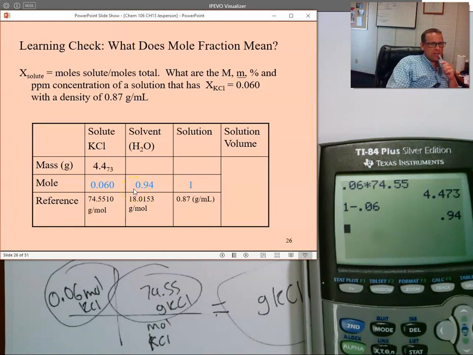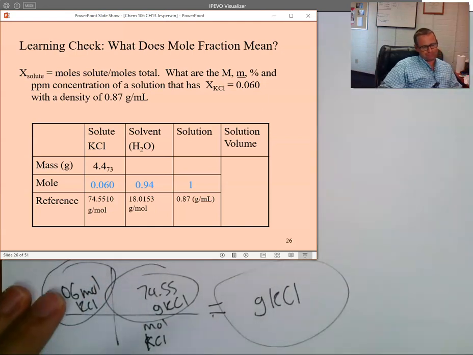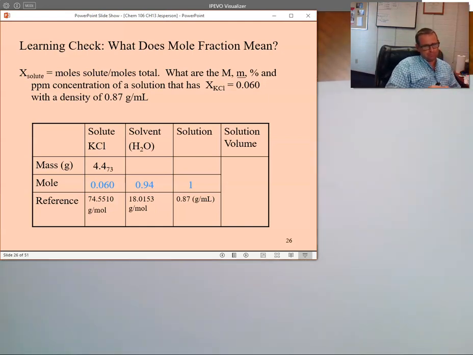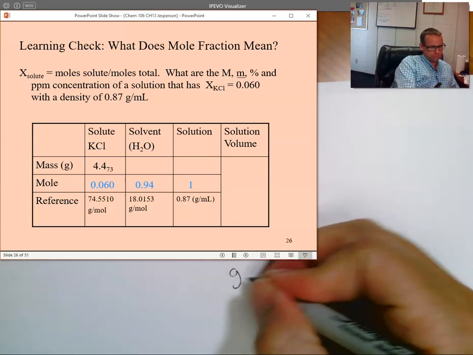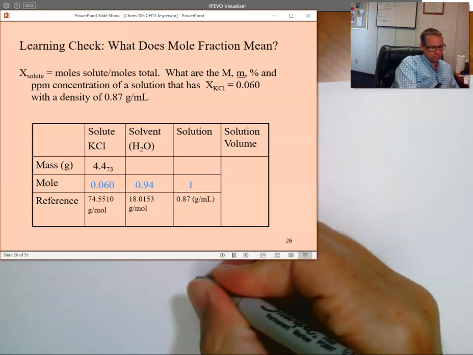Very good. Now, Landon, can we get the grams of water from that information? I think so, yeah. How would we do it? Well, we know that we have 18.01 grams for every mole, and we have 0.94 moles.